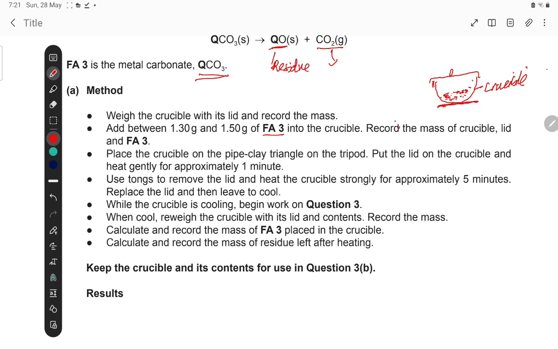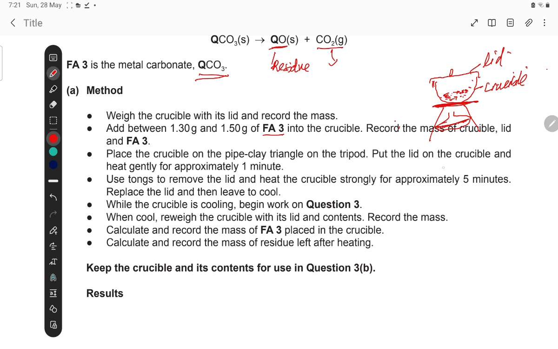This is the pipe clay triangle on the tripod. This is the tripod stand, and this is the apparatus of this gravimetric method. So balance is also there. Place the crucible on the pipe clay triangle on the tripod.